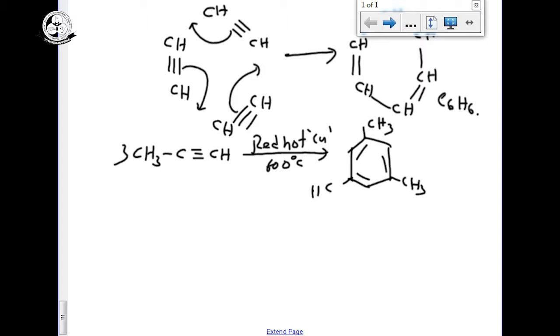So try for the IUPAC name for this one. 1, 3, 5 trimethyl benzene. Another important name is mesitylene.